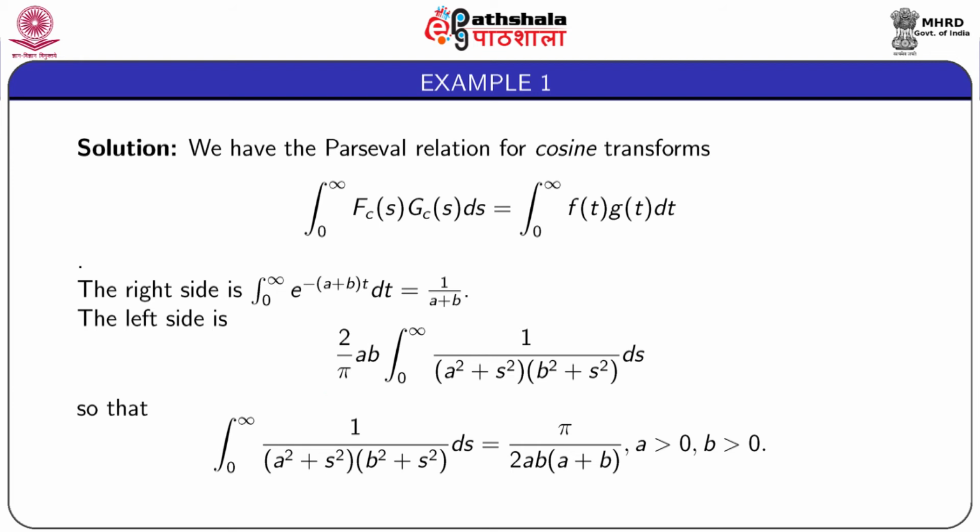So that equating left hand side and right hand side and simplifying, we get the integral from 0 to infinity ds by (a square plus s square) into (b square plus s square) equal to pi by 2ab into (a plus b), a positive, b positive.